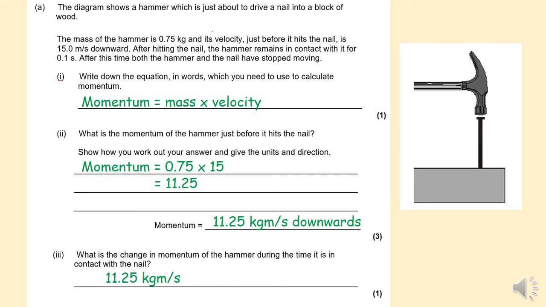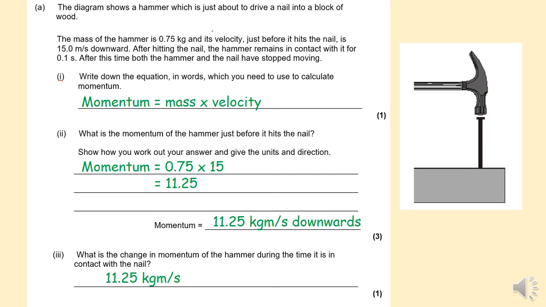Now, a lot of people get stuck on the next sort of question that follows. Do look at the number of marks. It's just one. Now, if it's 1 mark, it's doubtful it's going to be asking you for anything in terms of more calculations.